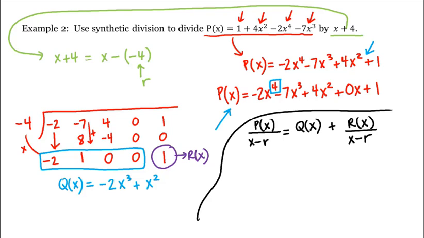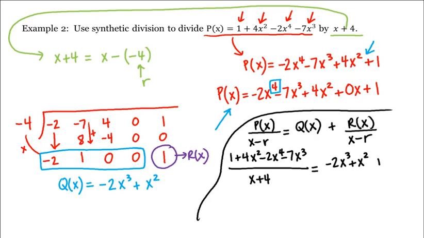Or in our case, p of x, which is 1 plus 4x squared minus 2x to the 4th minus 7x cubed, divided by x minus r, or x plus 4, is equal to q of x, which is negative 2x cubed plus x squared, plus the remainder of 1 divided by x plus 4.